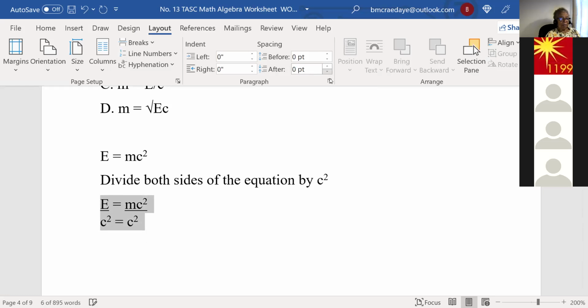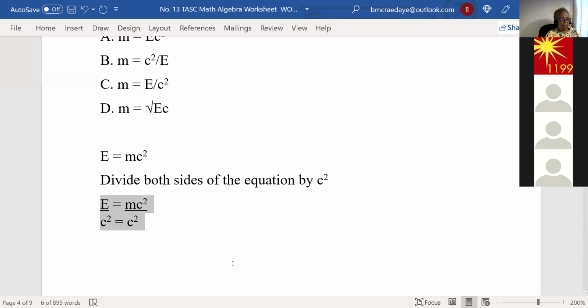Our left side, we have E, right? This is saying E divided by c squared.